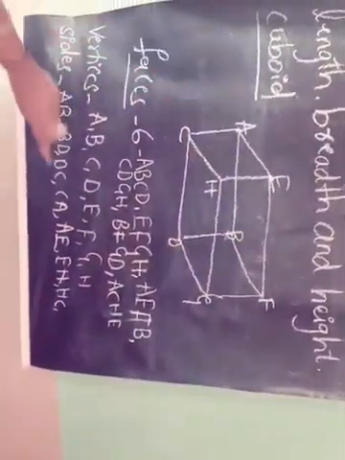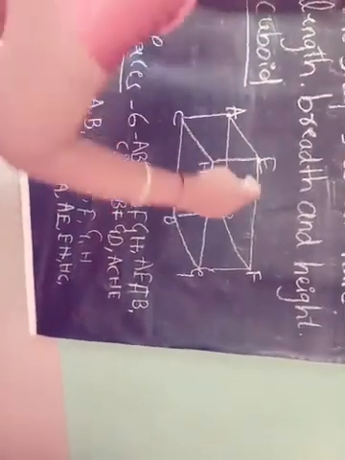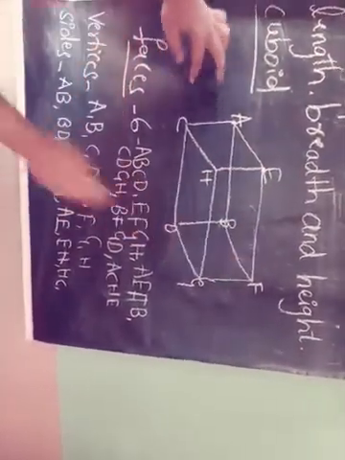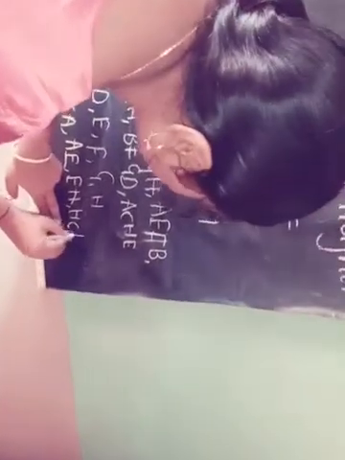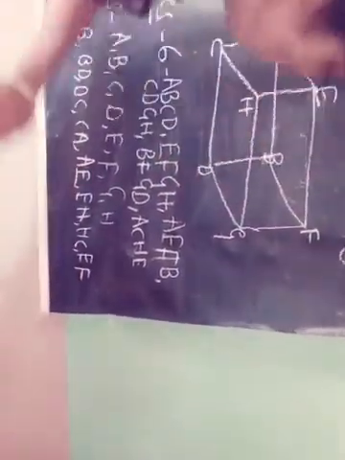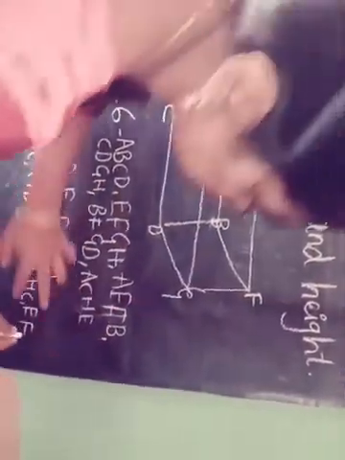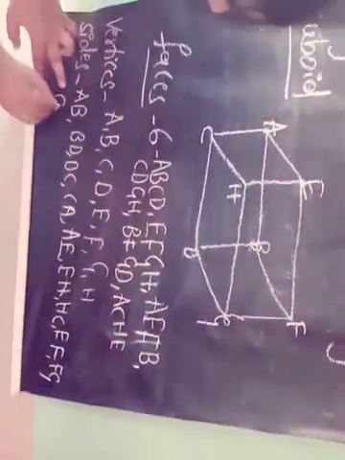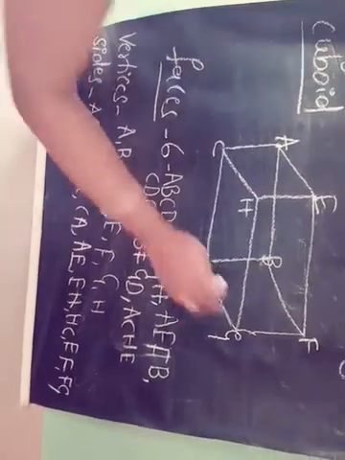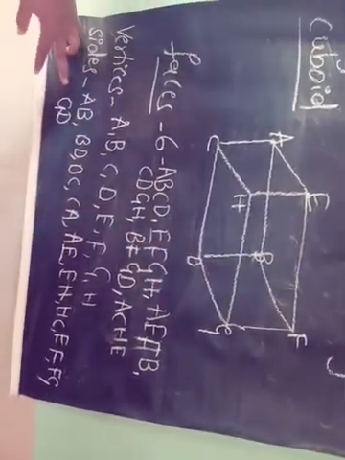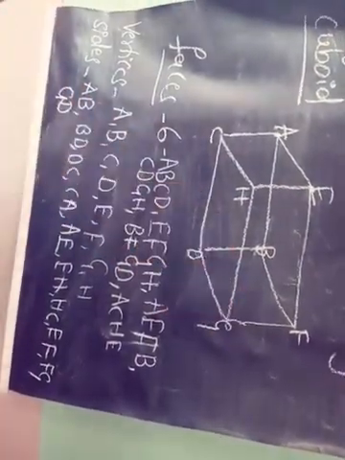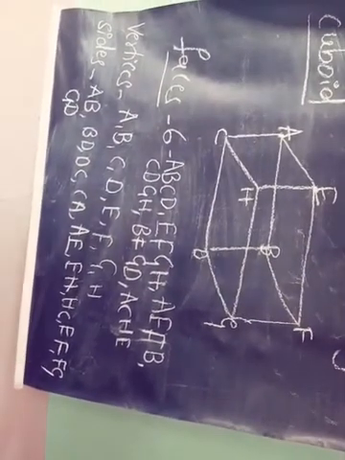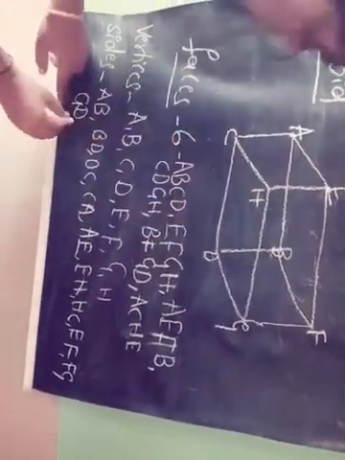Then CA is already written. EF, have we written it? No. EF, FG, GD, and GH.